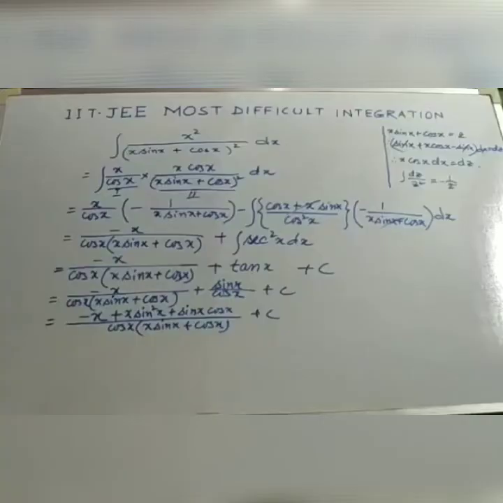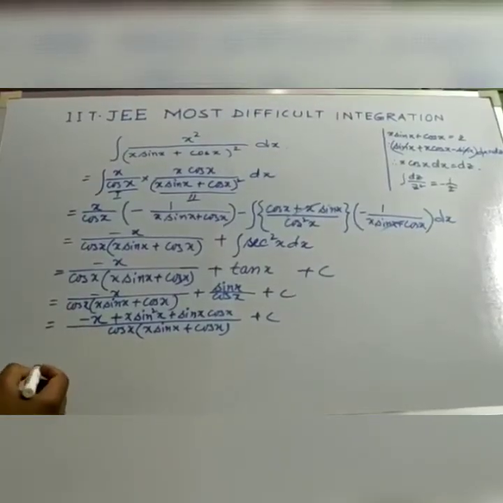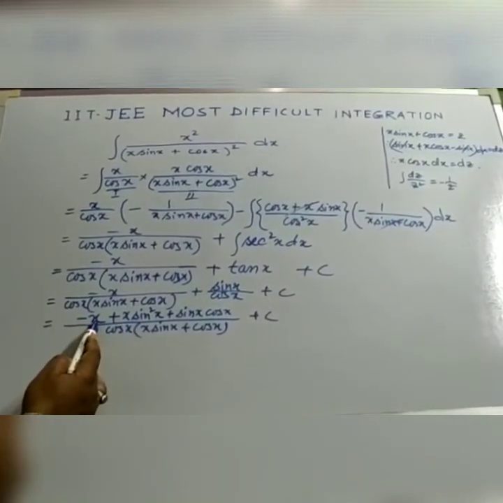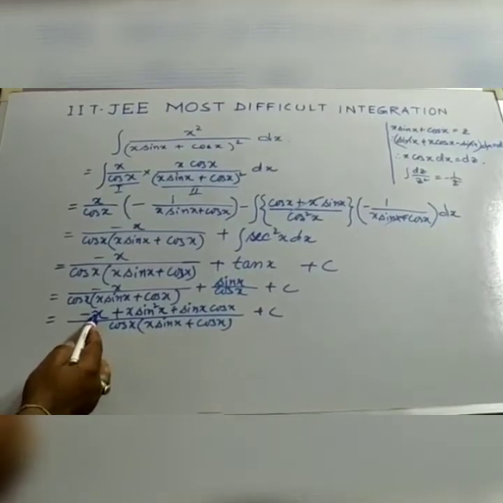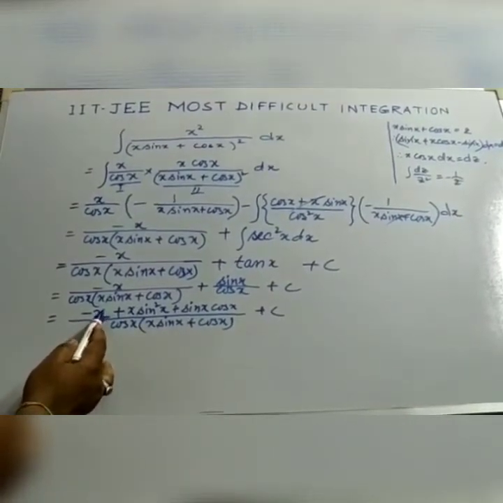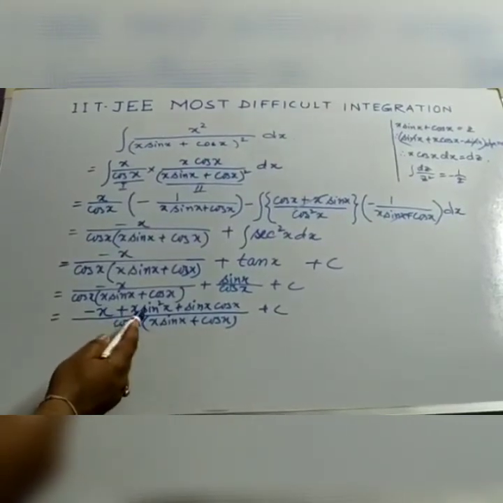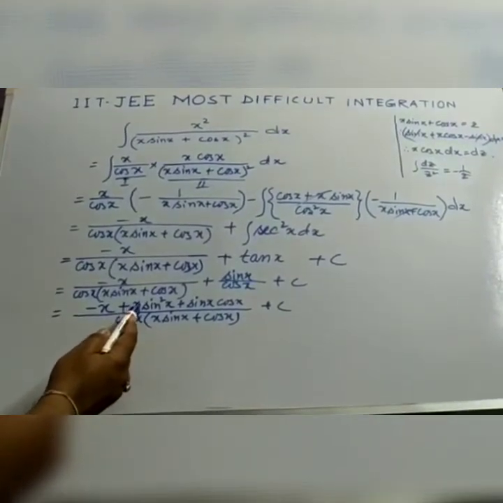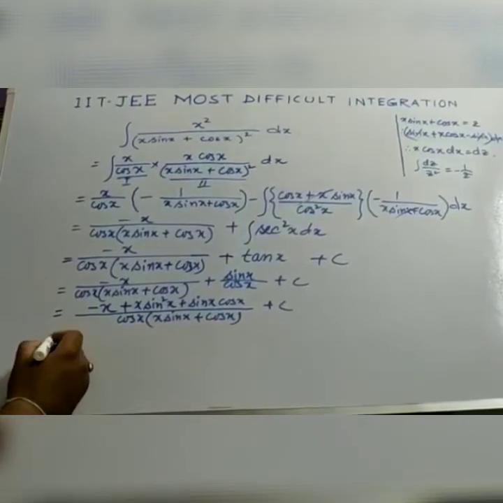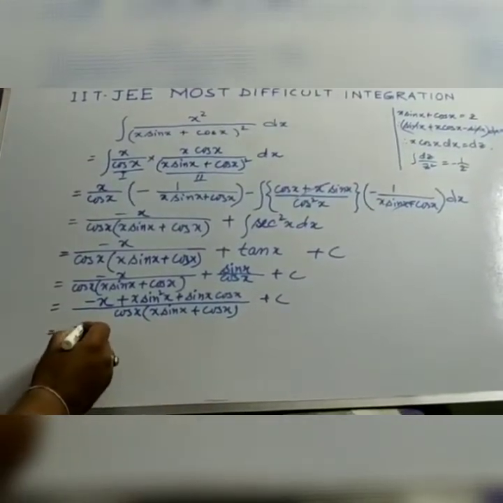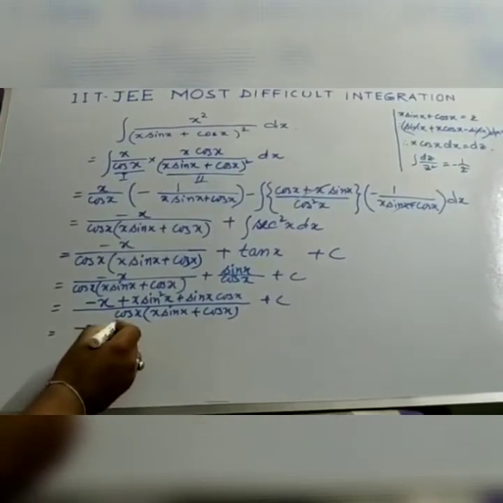Okay, now if we take minus x as common from these first two parts, then you can see minus x will become common, then it will be plus 1 and it will become minus sin square x, and you know 1 minus sin square x gives cos square x. Very good. So that part we are taking here, that is minus x cos square x.